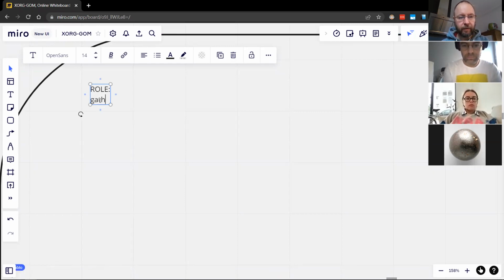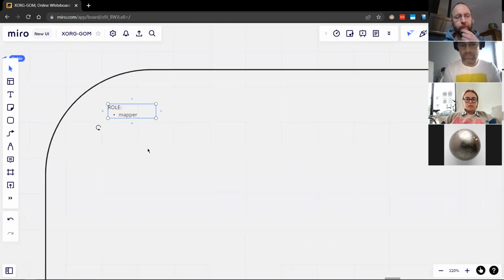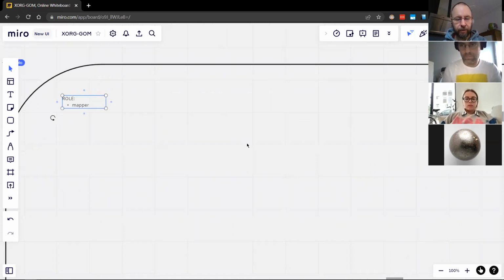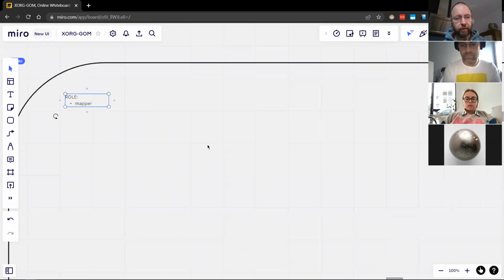So if I make a mapper, this is a layer filter in itself, just like the earlier play. And if I would bring here an image, this could also be in this sort of layer filter.